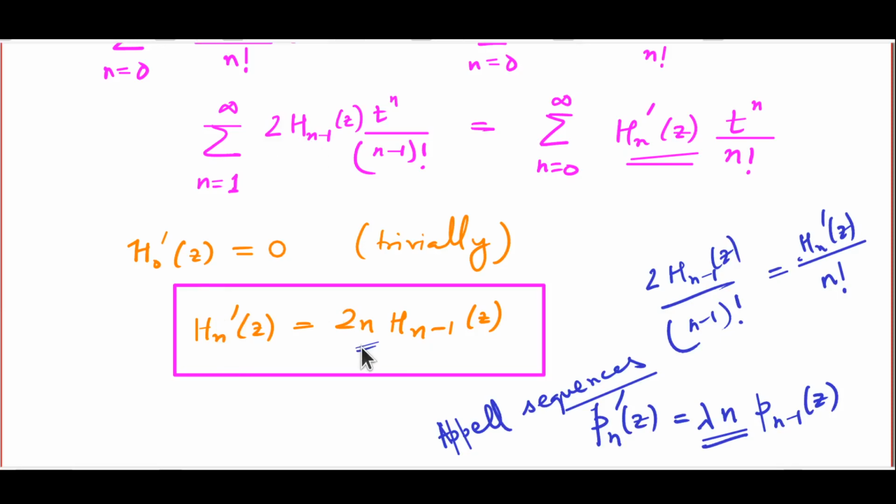In fact, you already know a very, very simple polynomial which does obey a relationship like this, where the derivative of the nth order polynomial is n times the lower order polynomial times a number. And that is nothing but x to the n itself. The derivative of x to the n, remember, high school calculus, is n times the next polynomial, x to the n minus 1. So Appel sequences are really generalizations of nothing but simple powers of x. And the Hermite polynomial happens to be one such.